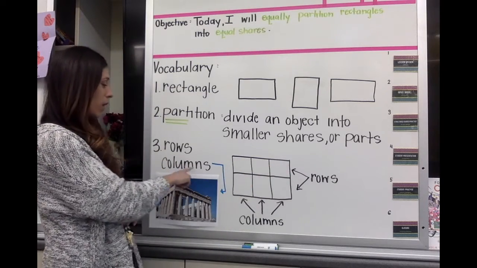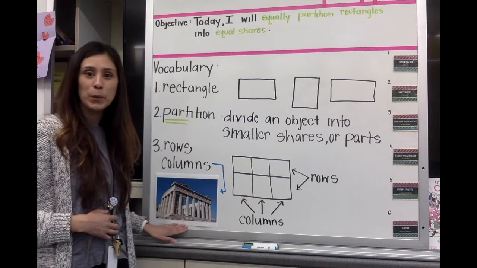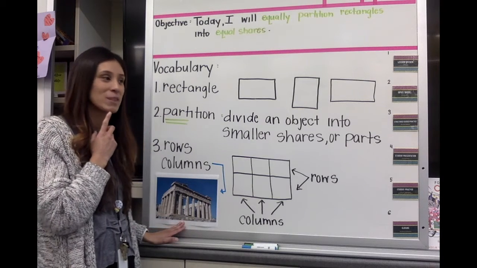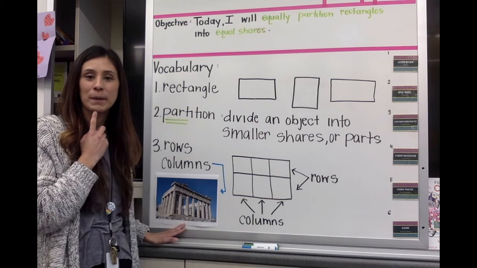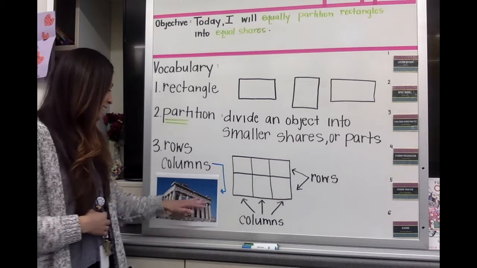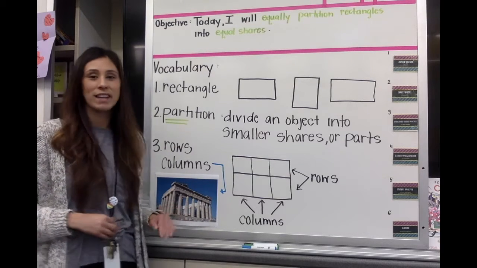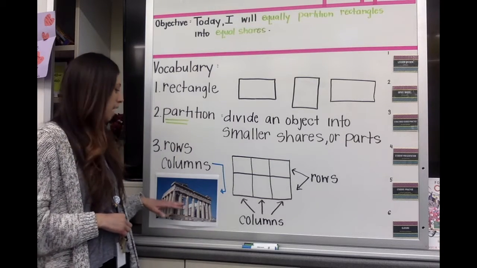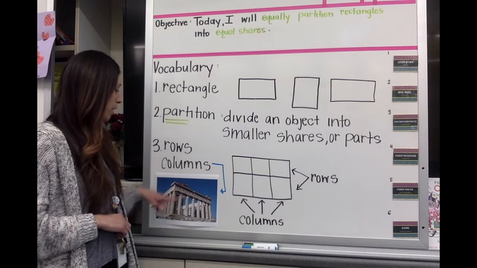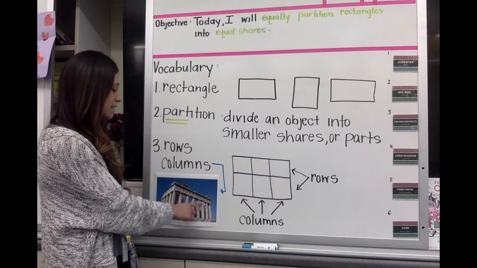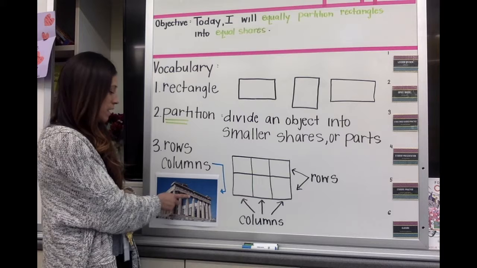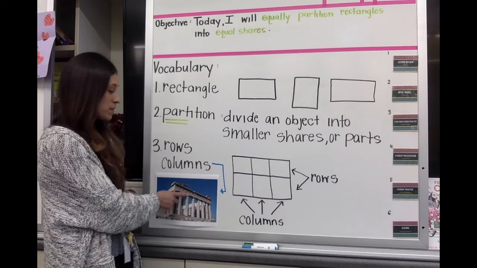And then we talked about columns. Does anyone remember what this structure is called? Starts with a... Parthenon. You got it. We talked about this ancient Greek structure called the Parthenon, and we talked about how the Parthenon has columns connecting the bottom to the top.